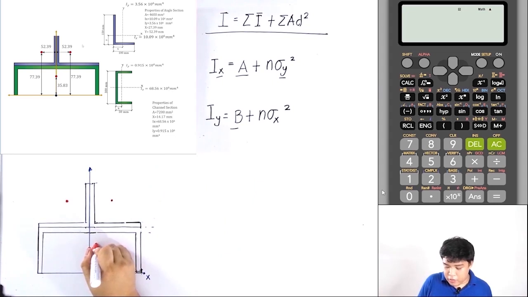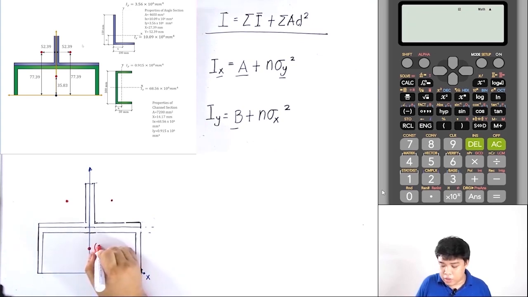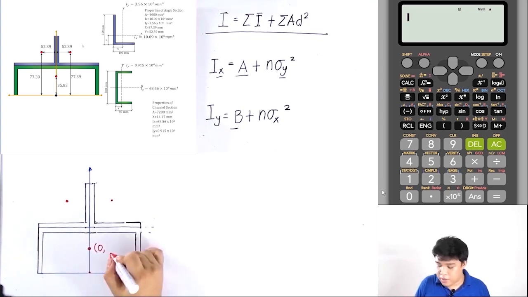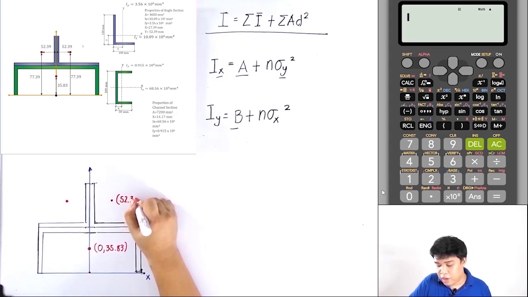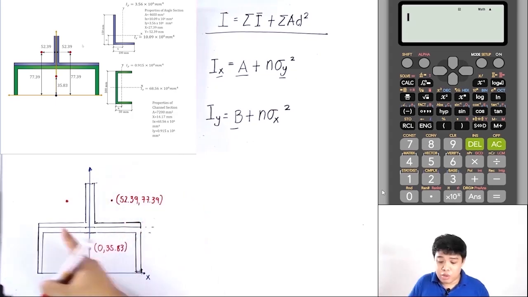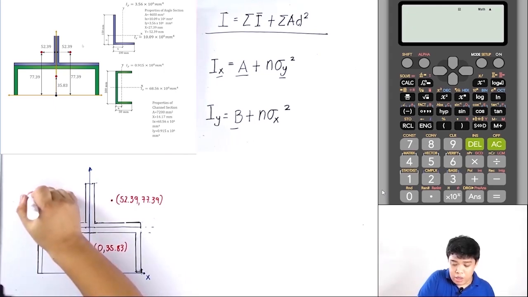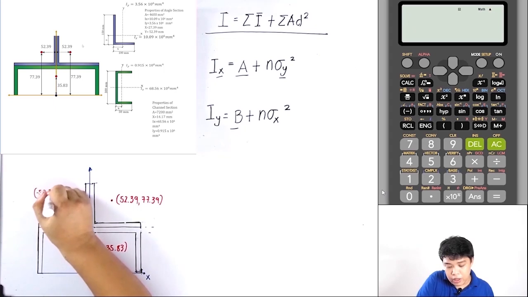The coordinate of the centroid of the channel, with respect to our initial origin, will be 0, and this one is 35.83. And for the coordinate of this angle bar, that is positive 52.39. For the y, that is 77.39. So for this one, this is obviously equal to negative 52.39. And this is 77.39 millimeter.